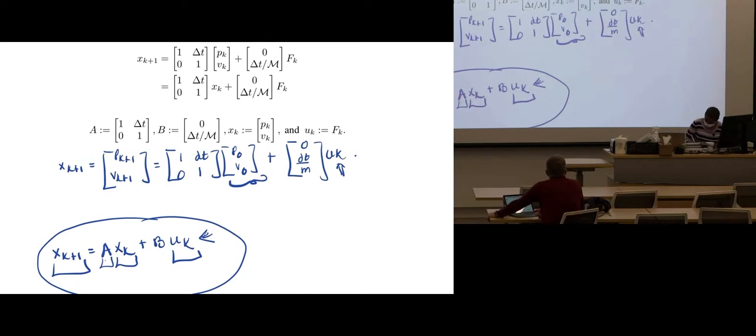For ours, we start at 5 and 0, dt is 0.1, and we're trying to go to 8, and v can be anything. Can you find a UK such that you can get me from 5 meters to 8 meters? I don't care how fast the car is going, but can you do that in one step?